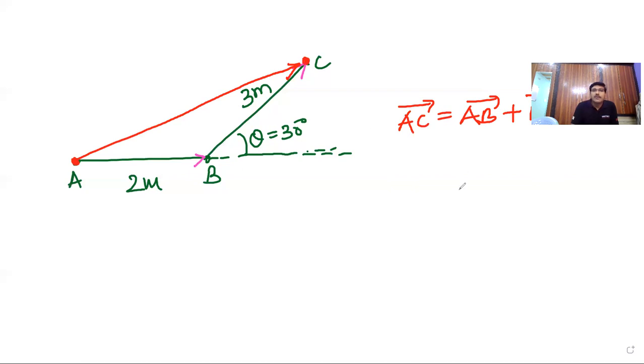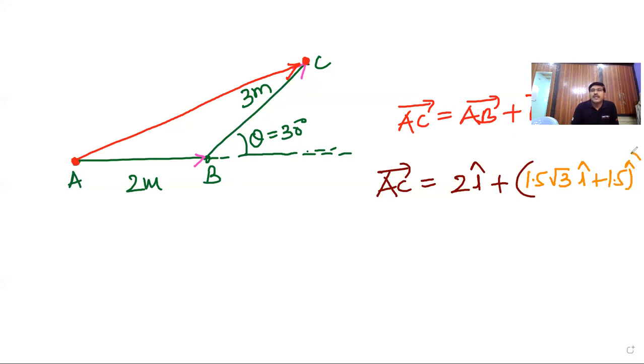Now, AC bar. What is AB bar? AB bar is magnitude into i cap, 2 i cap, plus BC bar vector, which we have just indicated: BC bar is 1.5 root 3 i cap plus 1.5 j cap.